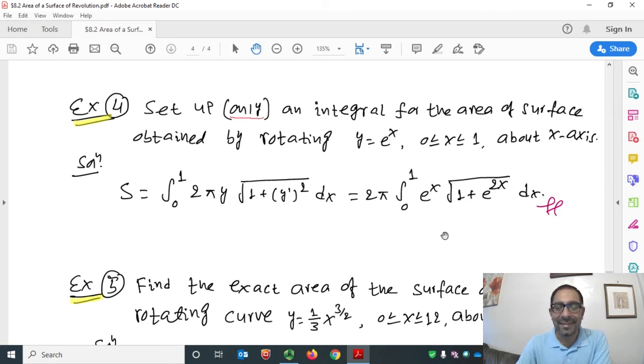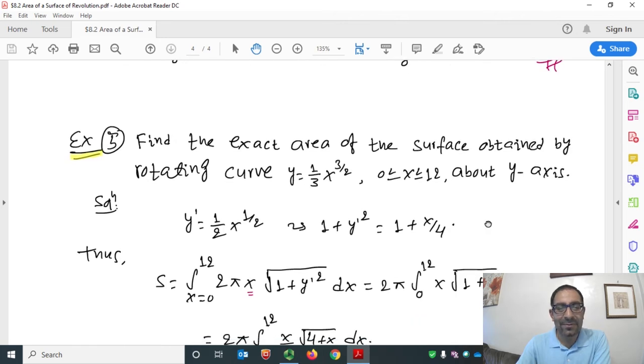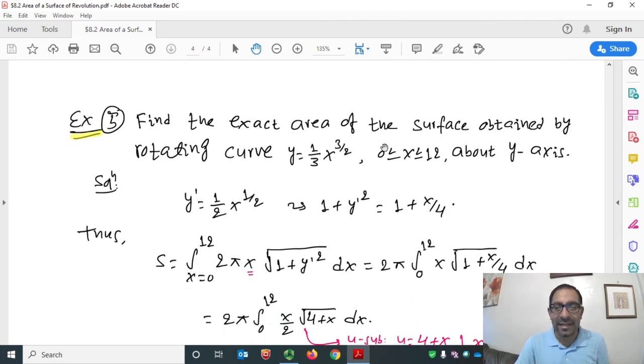Great. Let's move on. Example 5. Find the exact area of the surface obtained by rotating the curve y equals 1/3 x to the power 3/2, x between 0 and 12, about the y-axis. Great. So solutions. I'll take the derivative here. So y prime equals, this is 1/3 times 3/2 as a coefficient, so 3/2 times x to the power 3/2 minus 1, which is 1/2, and then the 3 cancels, so simply 1/2 is left.